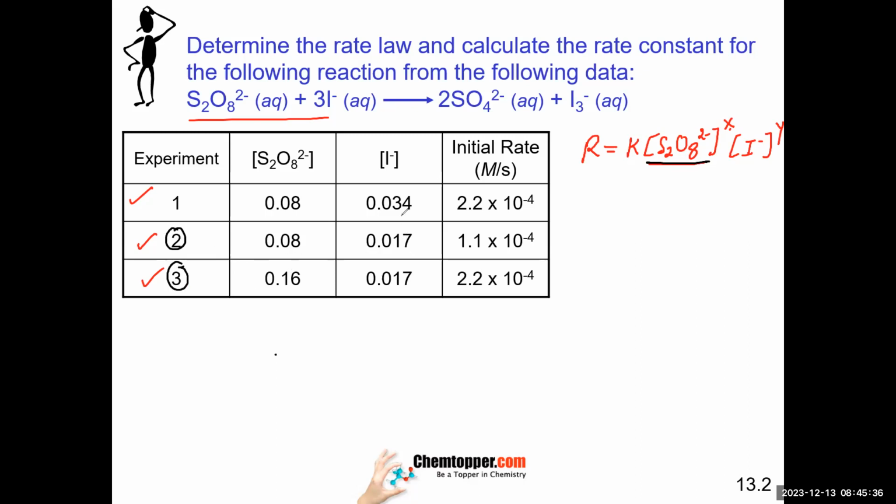Take these two because this is constant, cancelled. How many times has this increased? What's the order? This is 2 raised to power x, this is 2 raised to power 1. So x is 1. Now to determine y, which two experiments should I pick up?